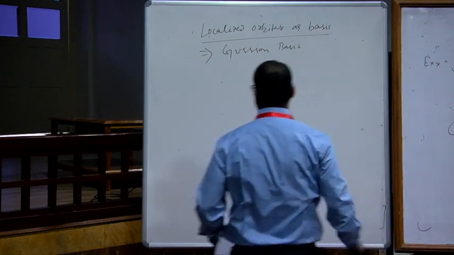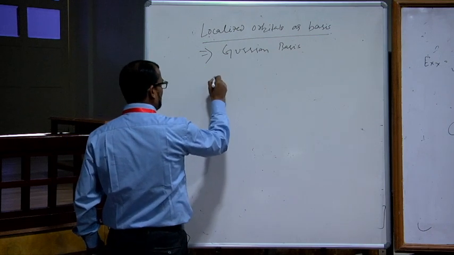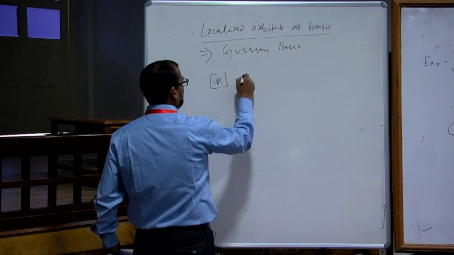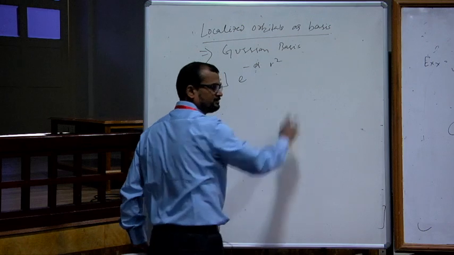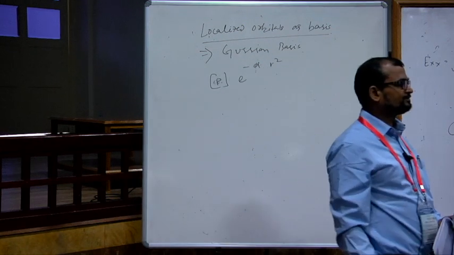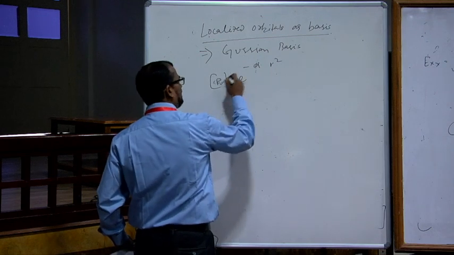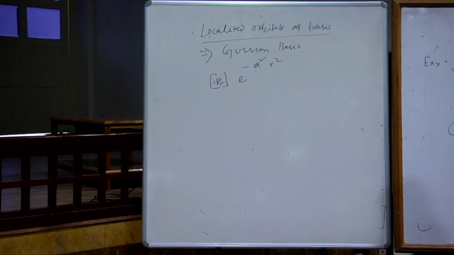Okay? We know that any Gaussian orbital can be written as some prefactor, some normalization factor, let's say beta, into e to the minus some spread alpha r square. Okay. Now I have the option of varying this prefactor and this spread to create many such Gaussian orbitals.